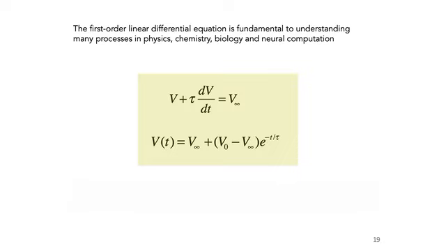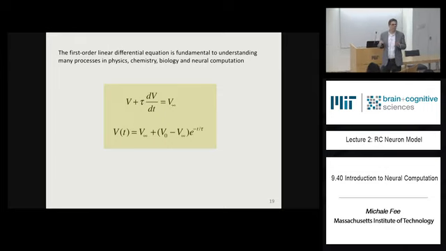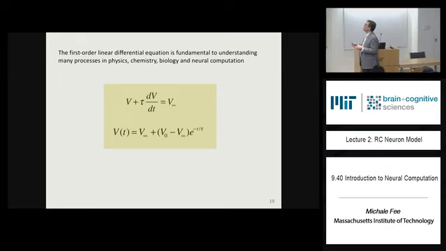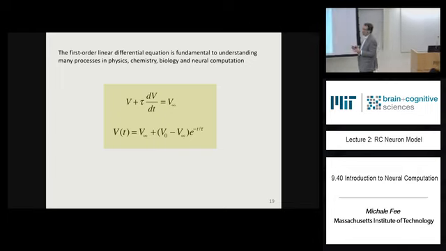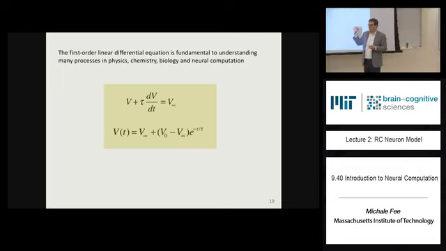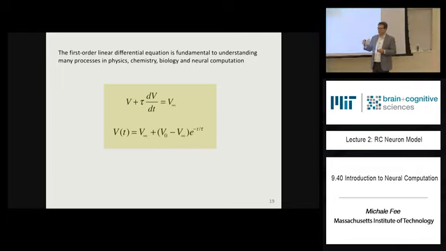This equation right here, V equals V infinity minus tau dV/dt, appears everywhere. It's ubiquitous in physics, chemistry, biology, and computation, and we'll be using it in multiple different contexts in different parts of the class.